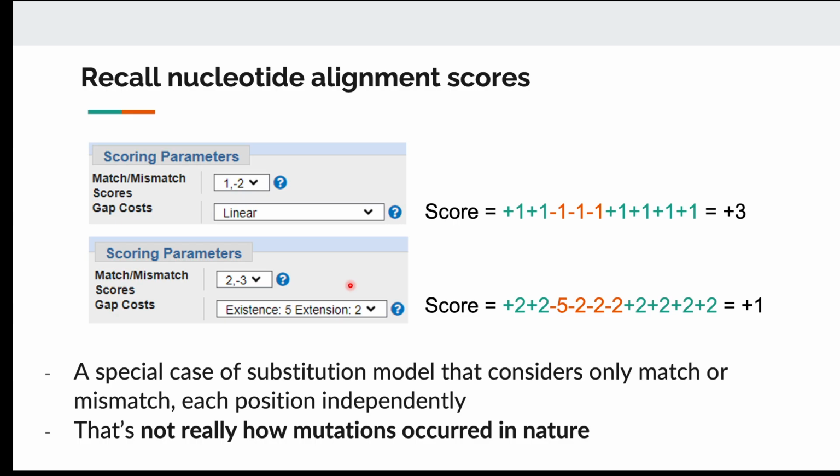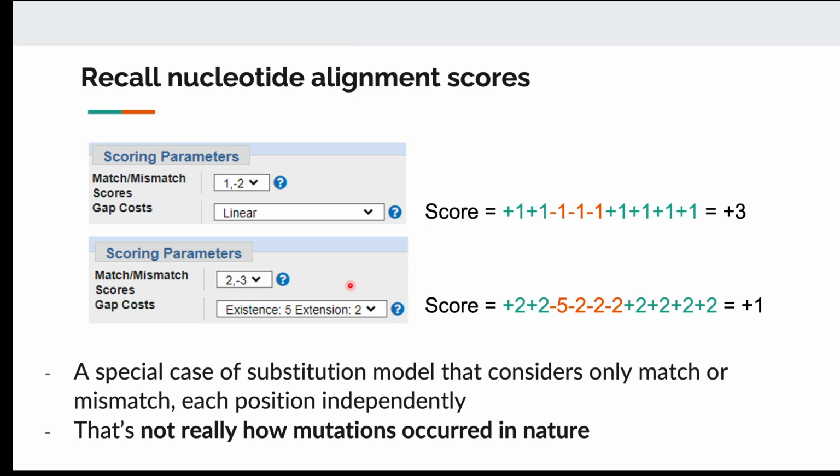In this case, if there is no mutation, then it's +1. If there is a mutation, regardless of whether it's A to T, A to G, A to C, they are all -2. So sequence alignment score is a very simple substitution model. It only cares about whether the sequence is the same or different.